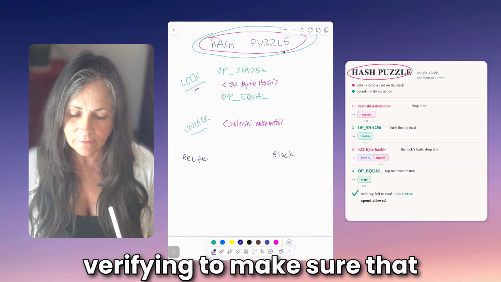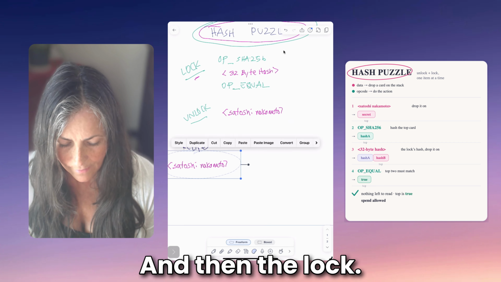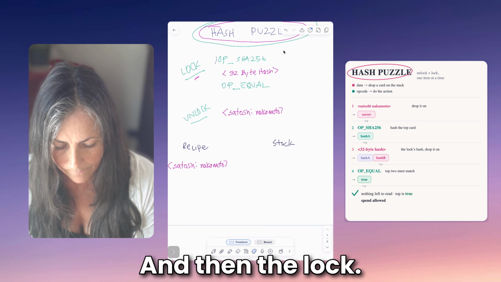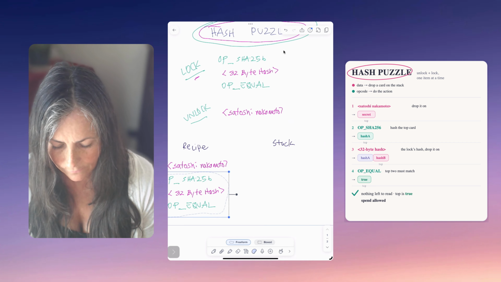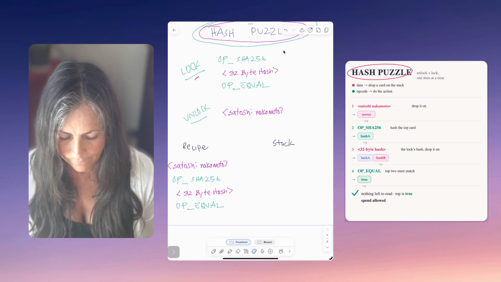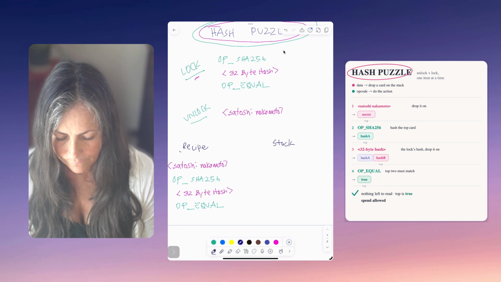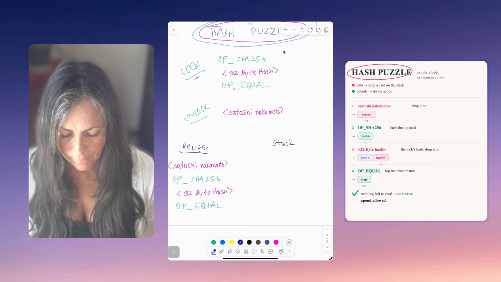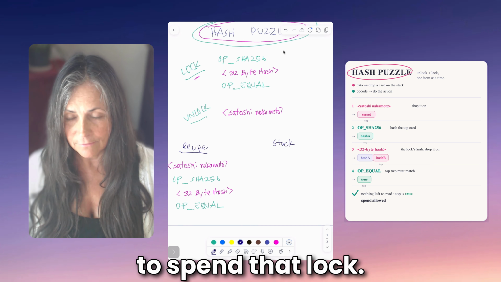Okay, so the way that it works is they put together first the unlock and then the lock. So we have our whole recipe here. And we are about to do what the miners do when they verify to make sure that you have a right to spend that lock.